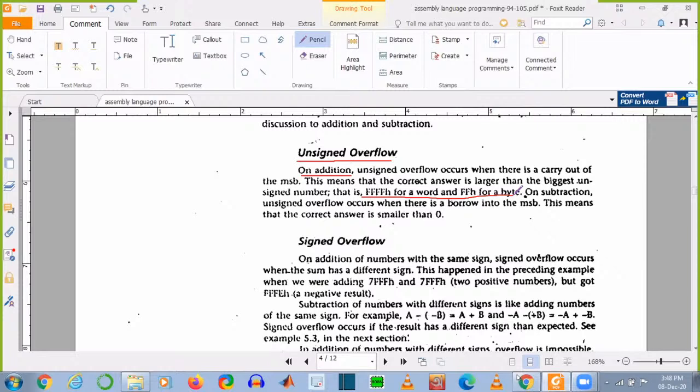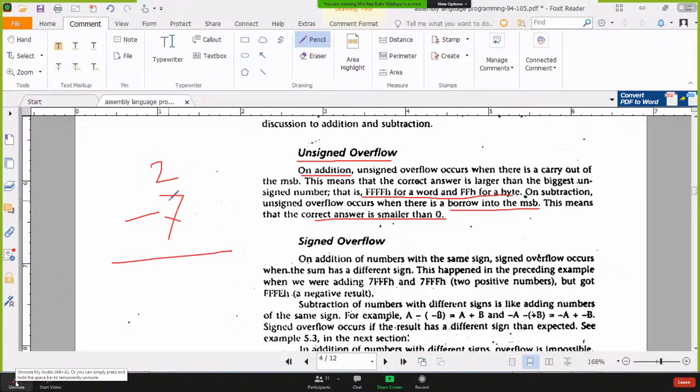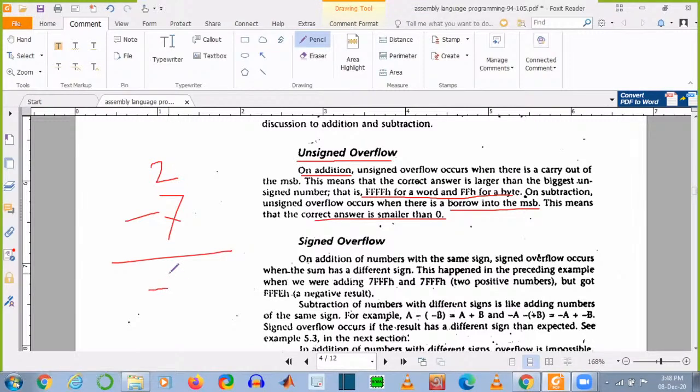And on subtraction, unsigned overflow occurs if there is a borrow into the MSB. This means that the correct answer is smaller than 0. If you subtract a bigger number from a lower one, for example subtracting 7 from 2, you get the result -5.